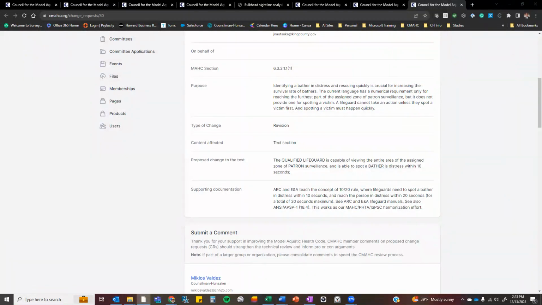Yeah, it becomes more about the size of the zones. If the zones are not sized and evaluated appropriately, then the zone is so big that the lifeguards have to move through it so quickly, in an effort to cover the whole thing in that 10-second window, that they lose the ability to actually see and process what they're looking at. So it's all tied together.